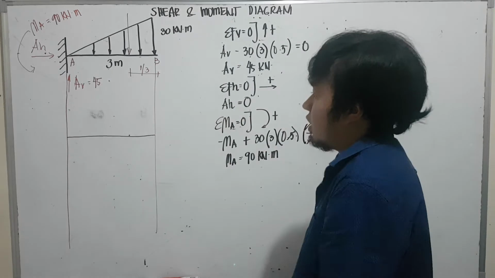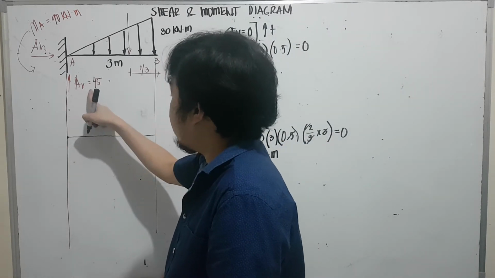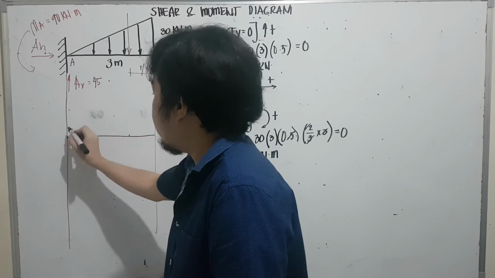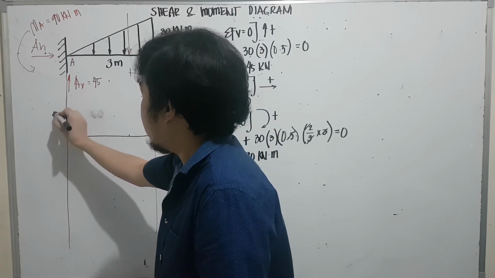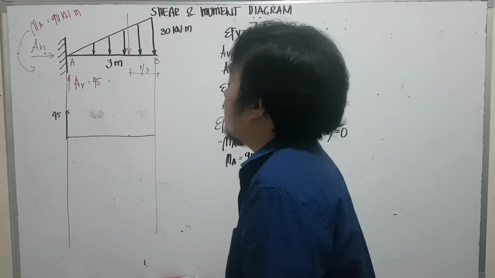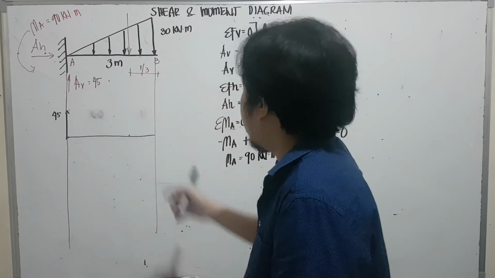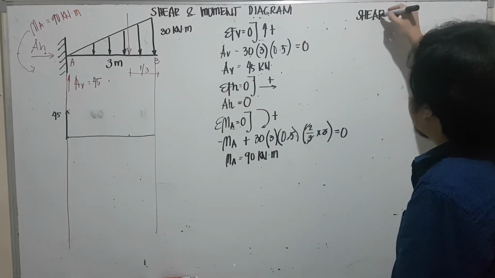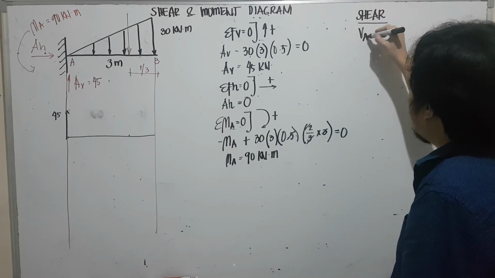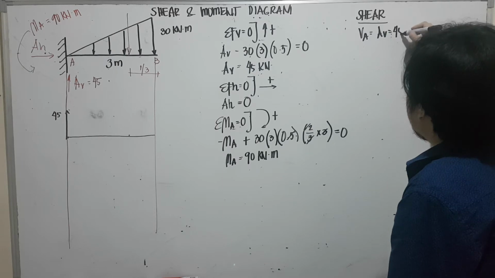Okay, so for shear, we will start at 0. We have a vertical reaction of 45. So from 0, we will go up by 45. Then we have here a uniformly varying load, and it is pointing downwards. So for shear, shear A is equivalent to A vertical, and that is 45.